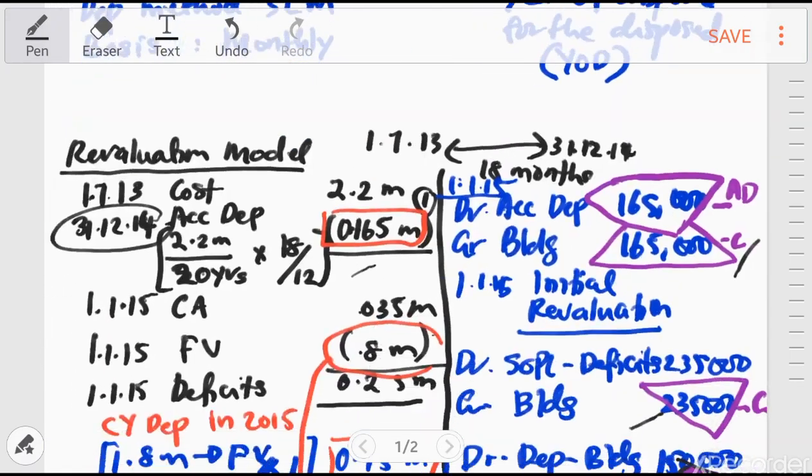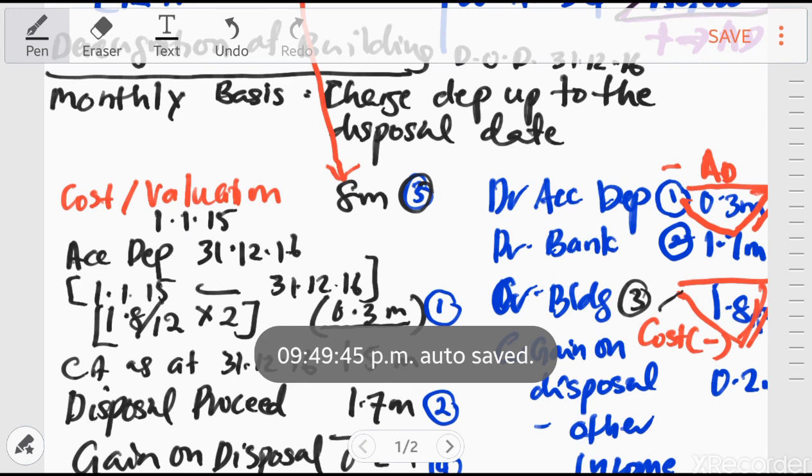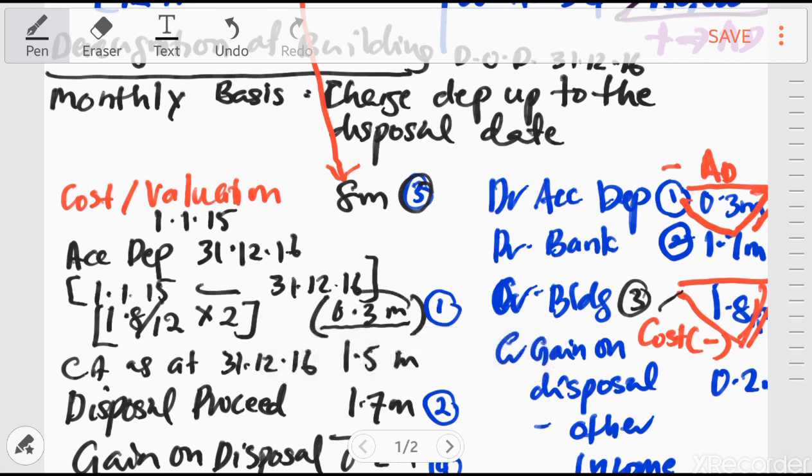Let's look for the second part of it, which is accumulated depreciation. So if you recall, the accumulated depreciation still has a balance of 1.5 just now, and I mentioned earlier that that one is related to this, where out of this 0.3, it is one for 2015, another one for 2016.